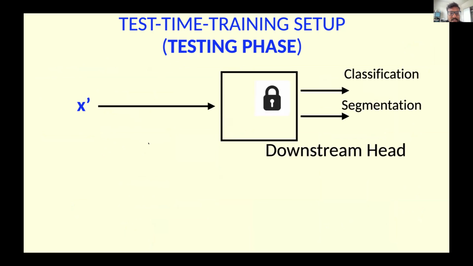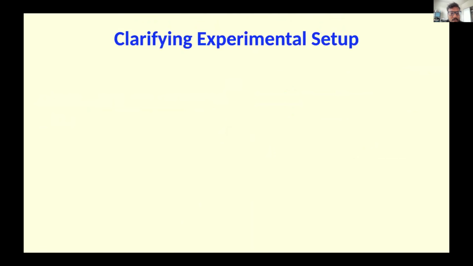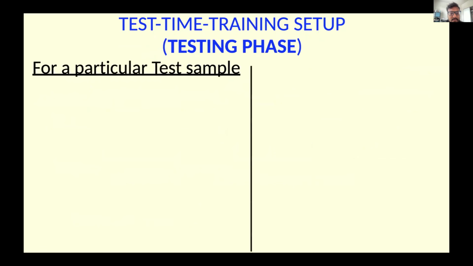And then during the testing phase, you pass whatever features you are predicting for the test sample to the segmentation head or the classification head, and you perform inference on the test sample. If you were not doing this training phase, you would get some accuracy.